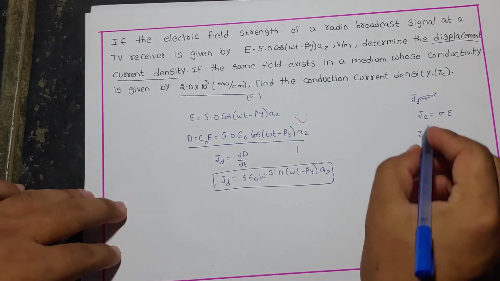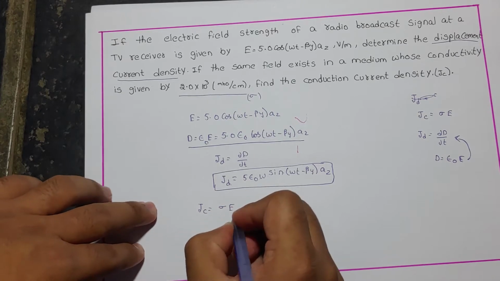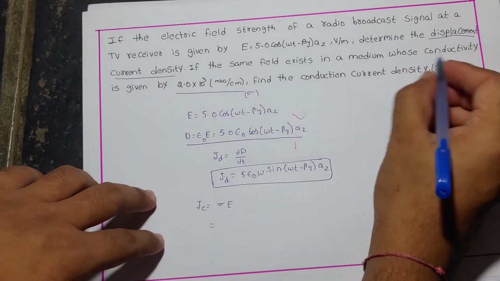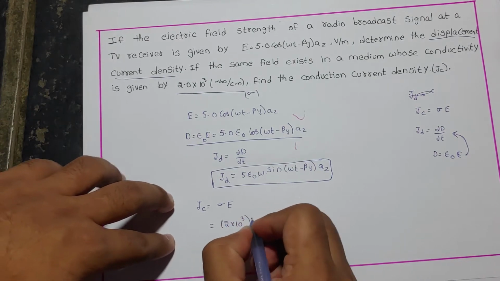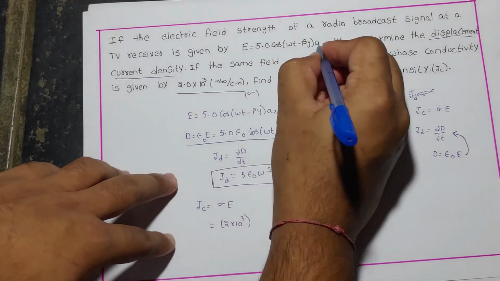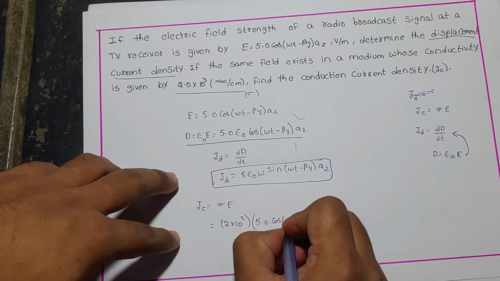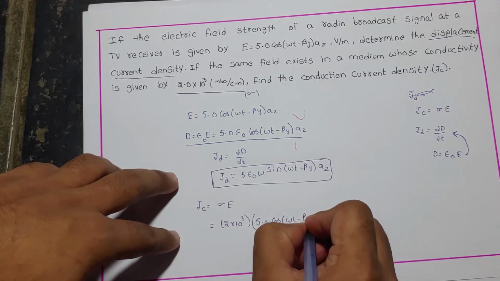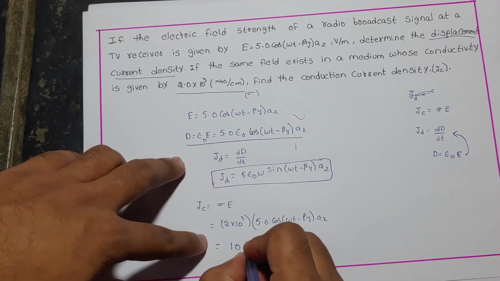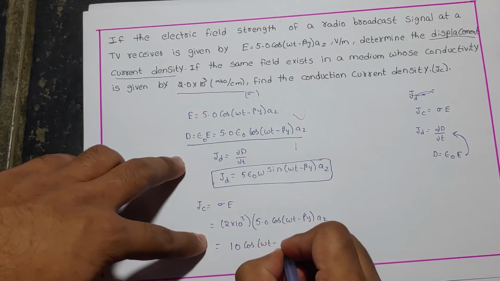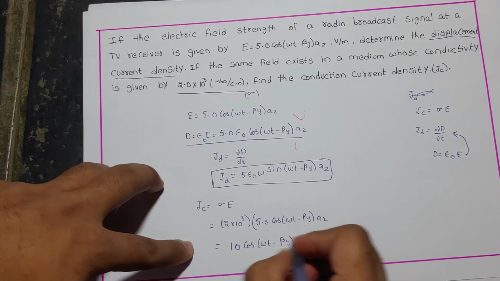Here we need to find JC also. We know that JC is equal to conductivity times E. Here it is given conductivity is equal to 2 into 10 to the power of 3, and E is equal to 5.0 times cos of omega t minus beta y in AZ component, that is equal to 10 cos of omega t minus beta y into 10 to the power of 5 in AZ direction.